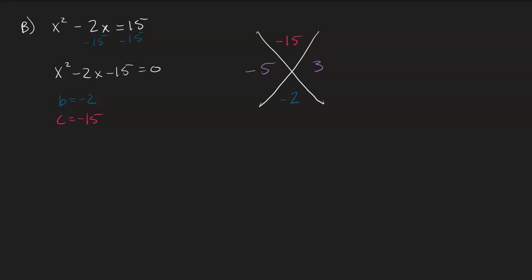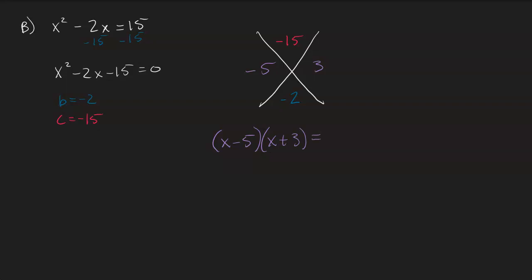I know I'm doing this rather quickly, but when you approach a problem like this, it's going to take some time to plug in numbers and check to see if they are, in fact, the correct factors. Okay, so since this works, I'll do the quantity of x minus 5 since it's negative 5, and the quantity of x plus 3 since it's positive 3.